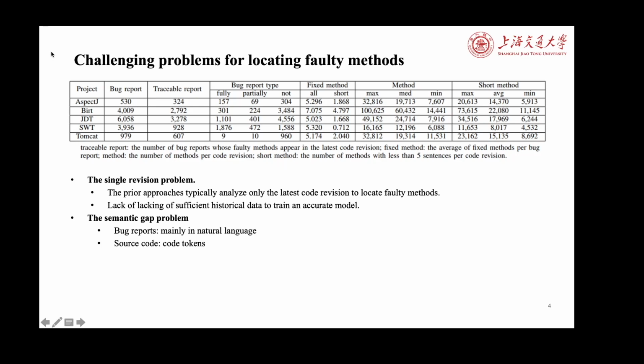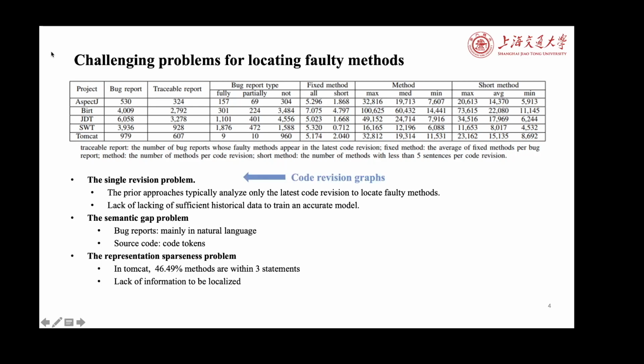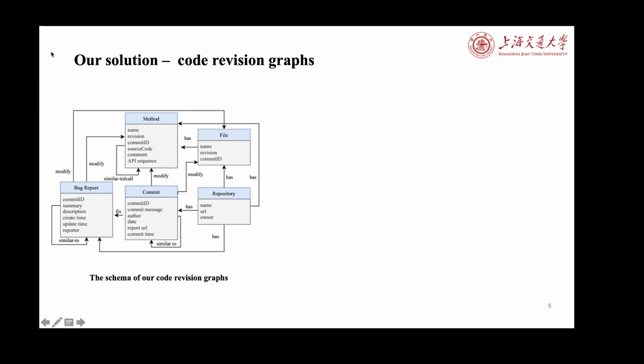For the single revision problem, our solution is to construct code revision graphs. For the semantic gap problem and the representation sparseness problem, we build a semantic matching network and short method expansion network respectively in our proposed MRAM. This figure shows the schema of code revision graphs.